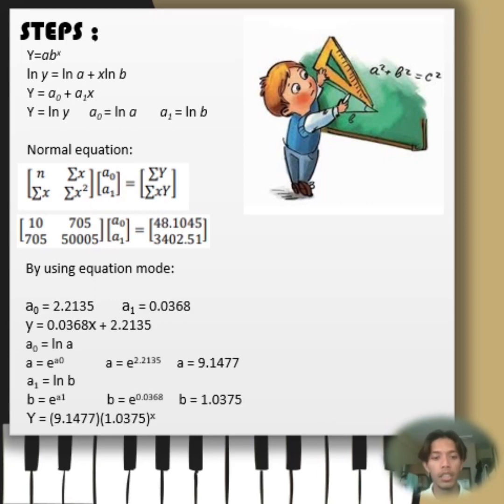For B, we take the exponential of a1, the exponential of 0.0368, and we get B is 1.0375.